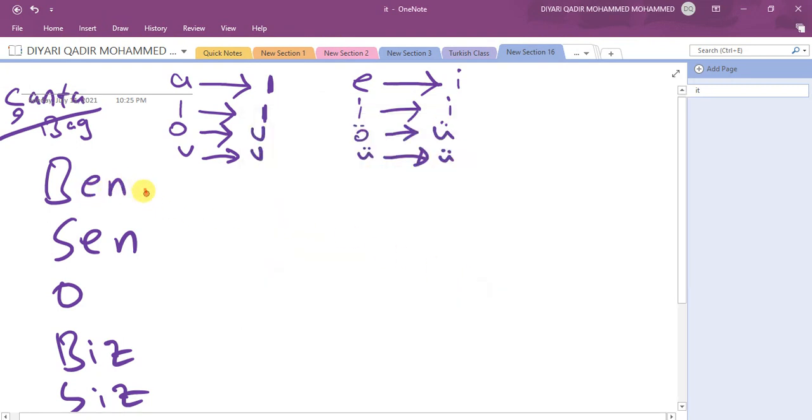Right? So we are saying it in this way. For ben, benim. Sen, senin. It's always like that. O, onun. Biz, bizim. This is the first suffix.